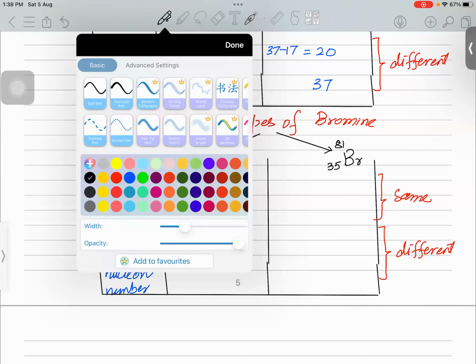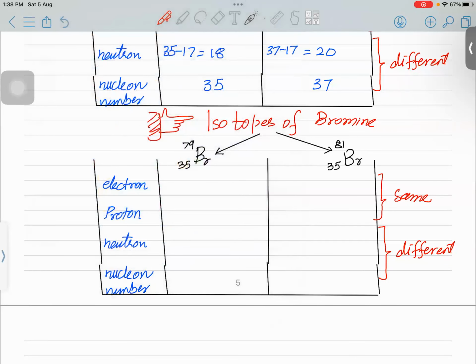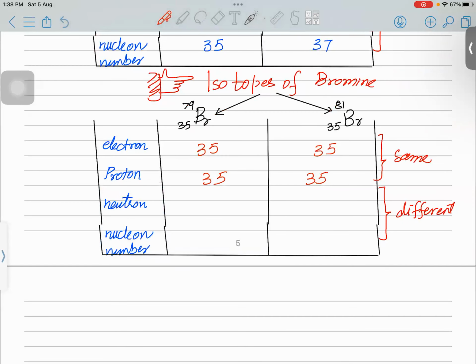35. Okay, 35. Electrons and protons are 35 here, and here also 35. So both are same. Now, can you tell me the number of neutrons? 44 and 46. Very good.